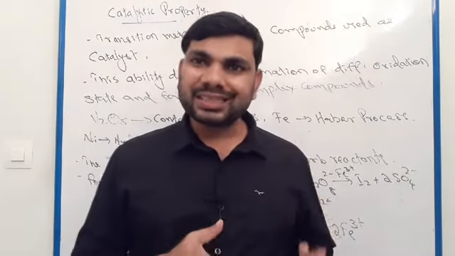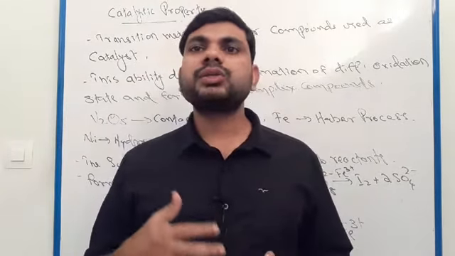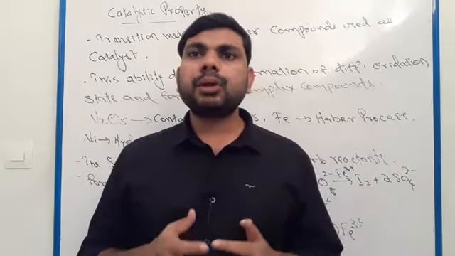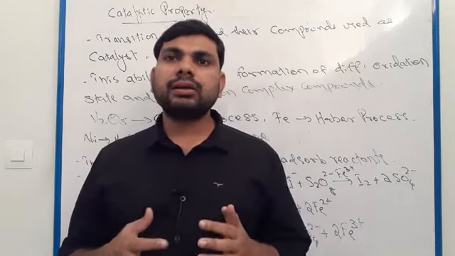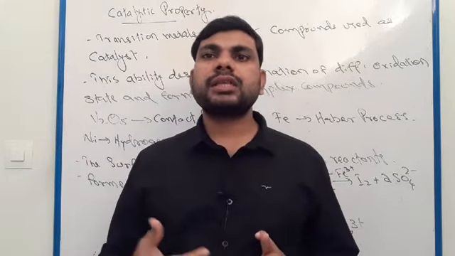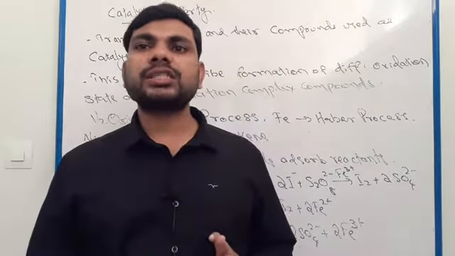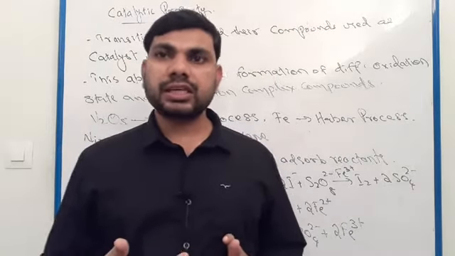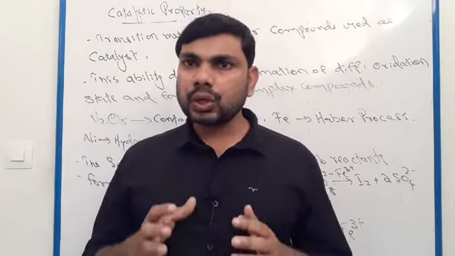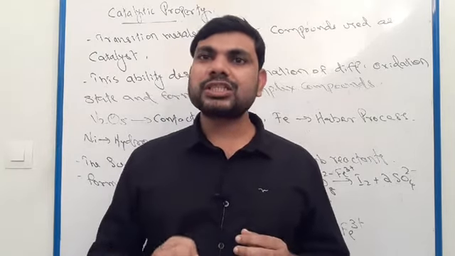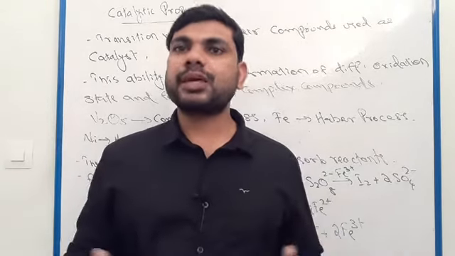D block metals or their compounds are used as catalysts. Okay, here these D block metals make various oxidation states. They have the ability to make different oxidation states. Okay, also these D block metals adsorb reactants on the surface of these metals.